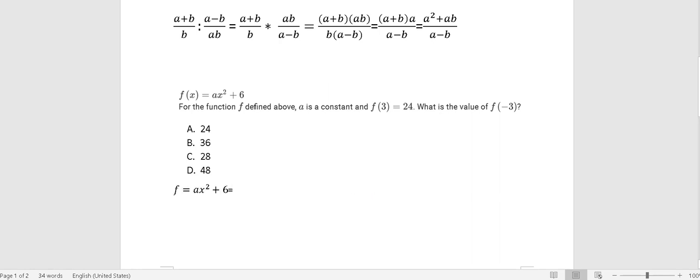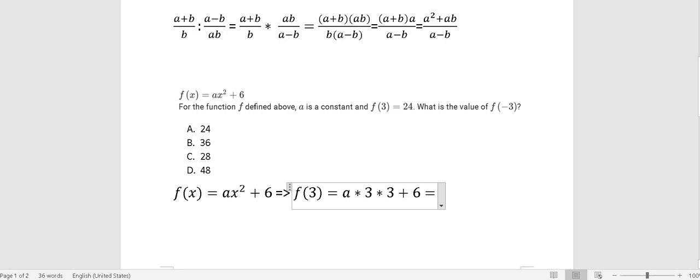And when we substitute it with 3, because a is a constant, it does not change, we substitute it and then we get, I'm gonna insert an equation, f of x, and here we get f of 3 equals a times 3 times 3, because it's 3 to the power of 2, plus 6, which equals 24.